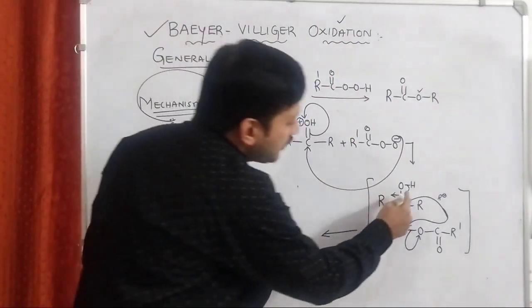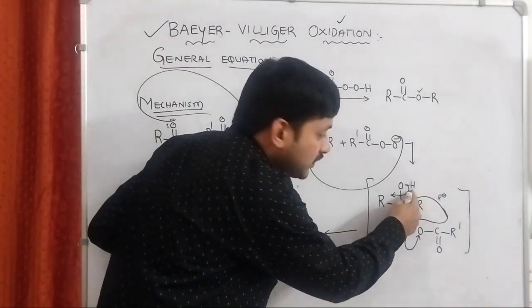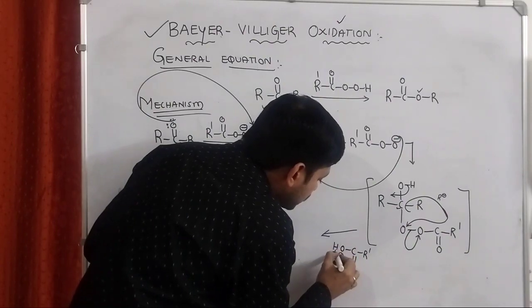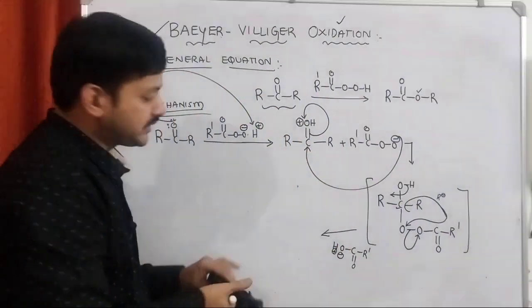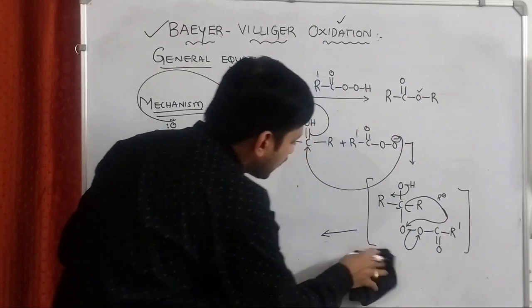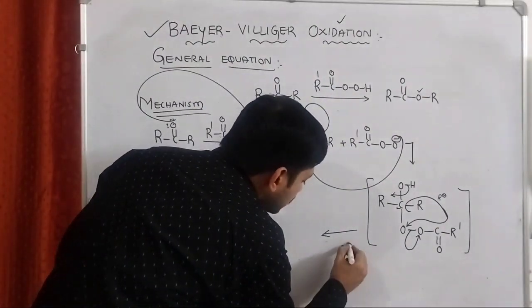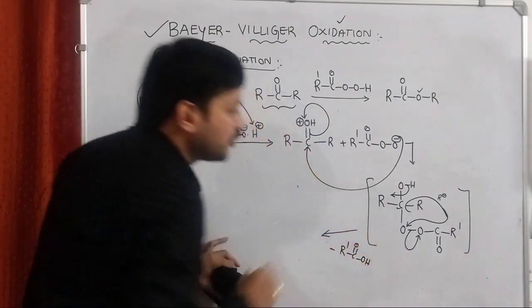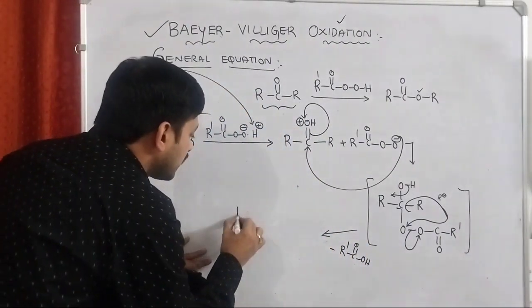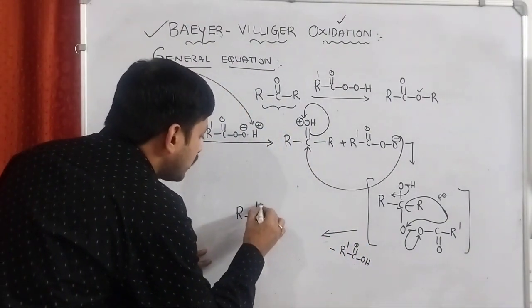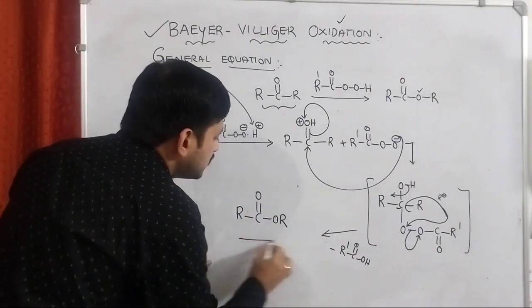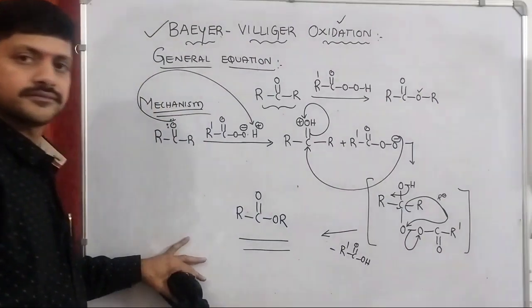Here H plus is removing. This H plus ion approaches this O minus. Simply, how can we write? R dash C double bond O OH is removed. Then R single bond C double bond O OR. This is the ester.